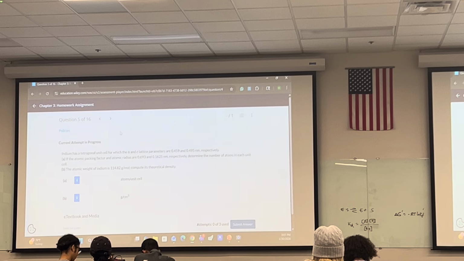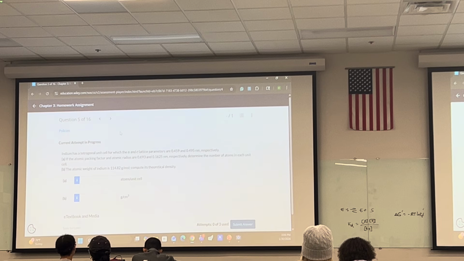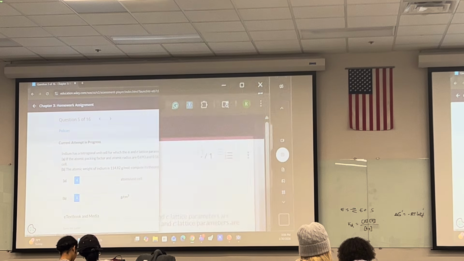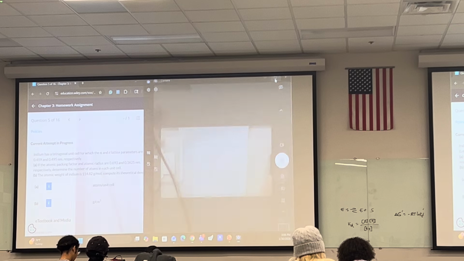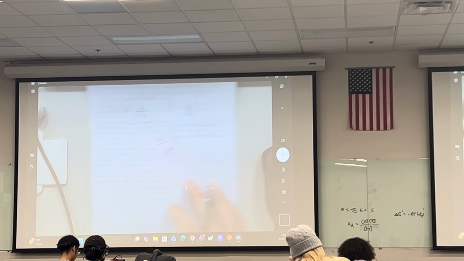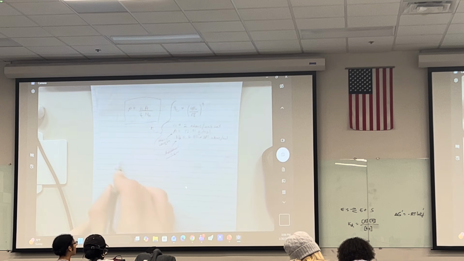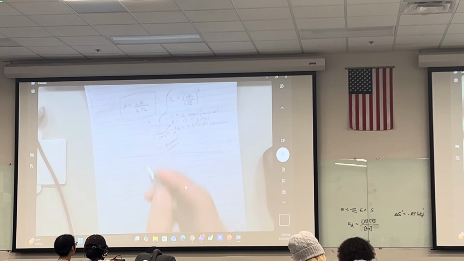So part B again is what we've already done in the last two questions. I believe part A might be a little new. Part A is just your APF formula, so really quickly, I'll show you that.